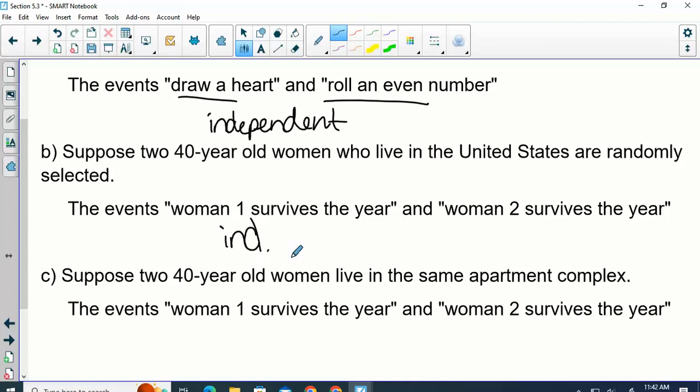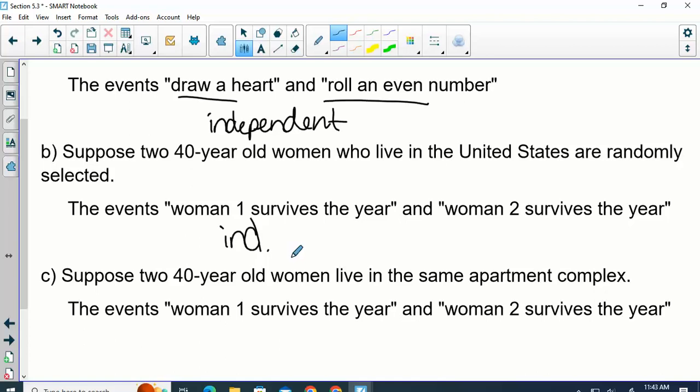Okay, suppose 2 40-year-old women live in the same apartment complex. The events woman 1 survives a year and woman 2 survives a year. Would those be independent or dependent? So, okay, if I know that that apartment catches on fire, would their probabilities of surviving be somehow intertwined?